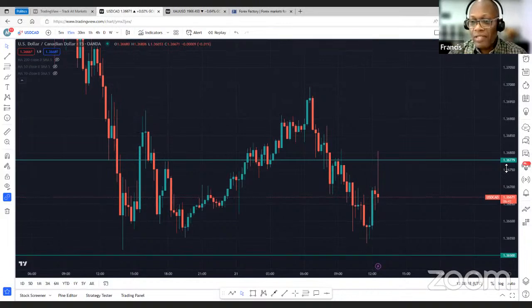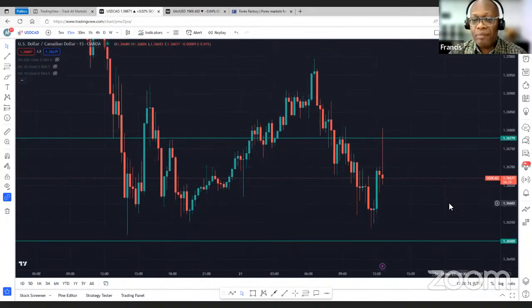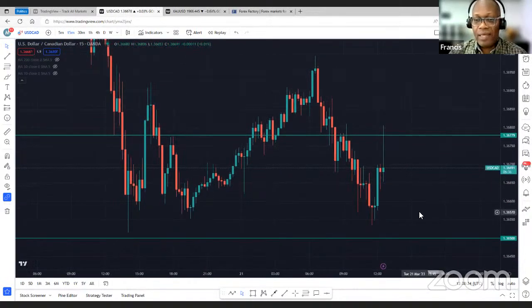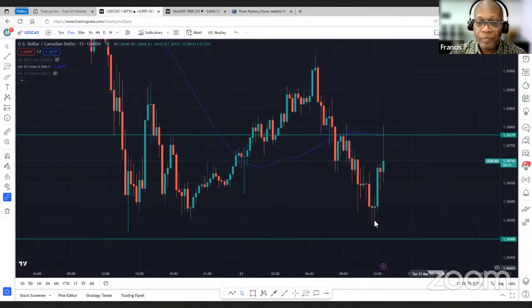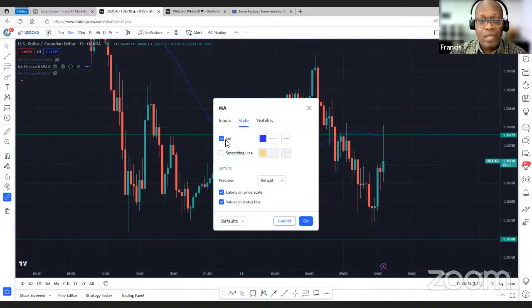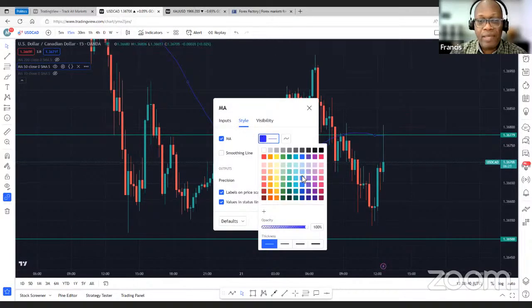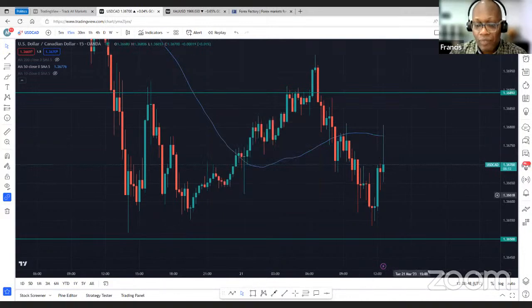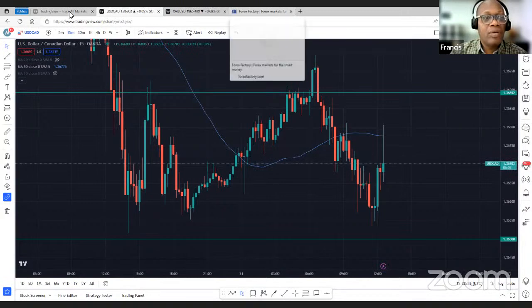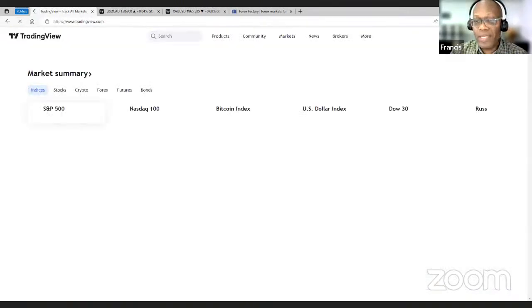For now, really, I would avoid any CAD related pair just to let the market settle, at least on that pair, before anything. Okay, so let's just have a glance at other pairs to see how they've moved today.